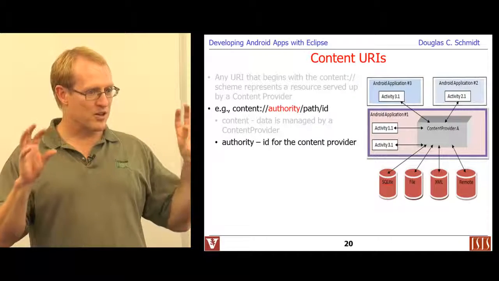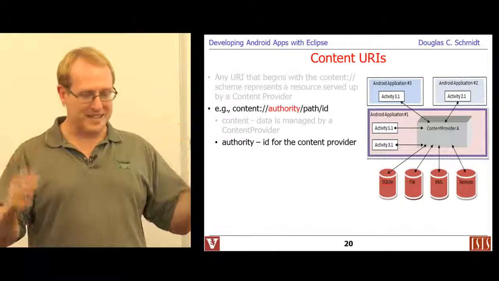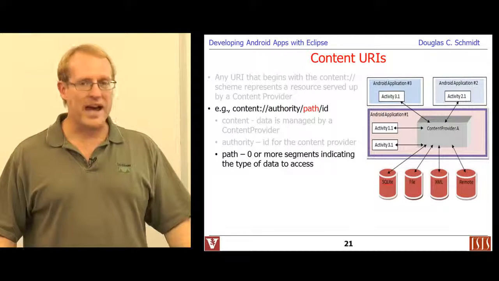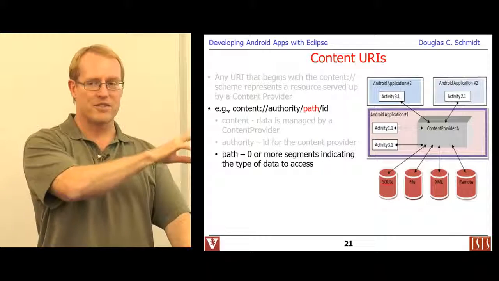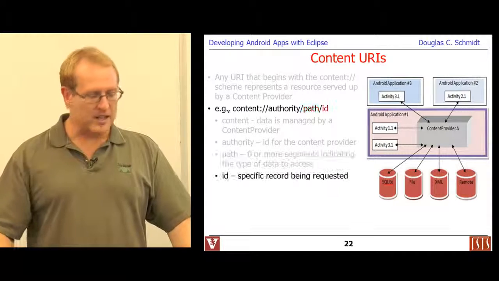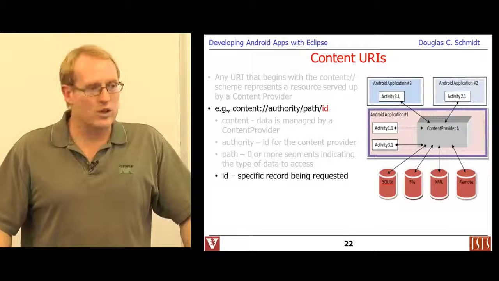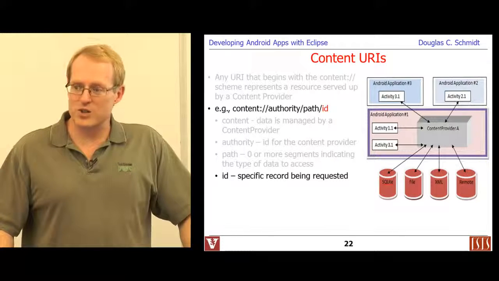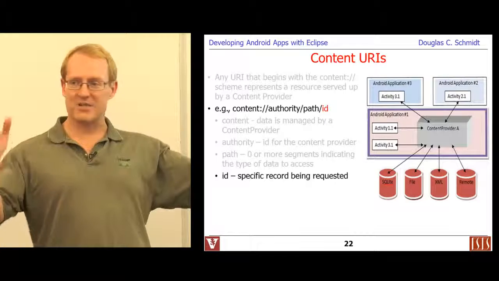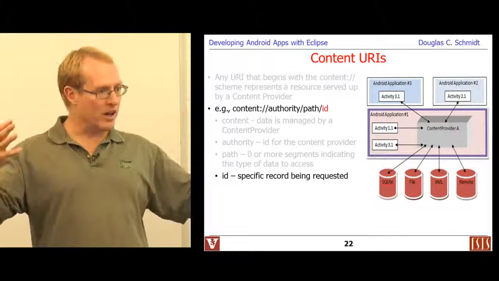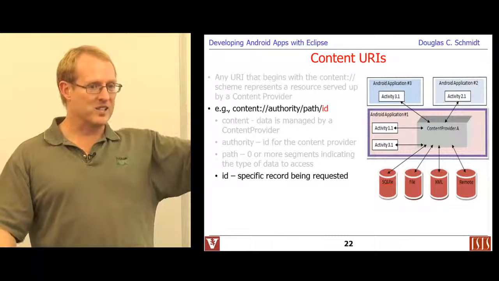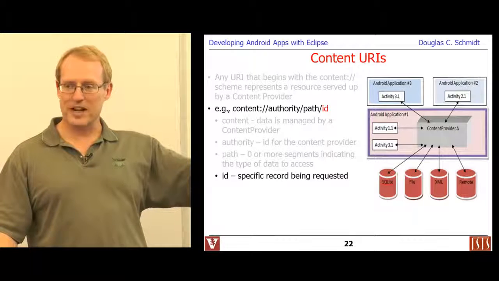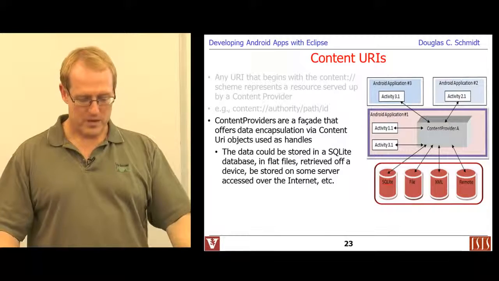It says the particular content provider identity, if you will. The path, which is like a path name, a nested hierarchy of steps. And then that culminates at the very end with the specific ID of the resource you're trying to access. So that's kind of like a file at the end of a path name, or if you type out a URL, it's like a path ending in index.html, which provides you with the final piece of the puzzle.